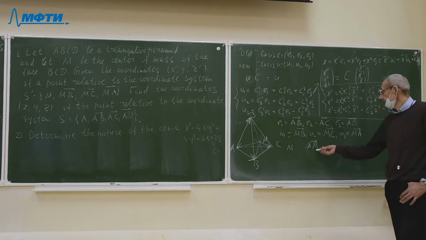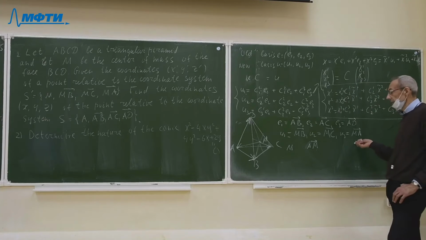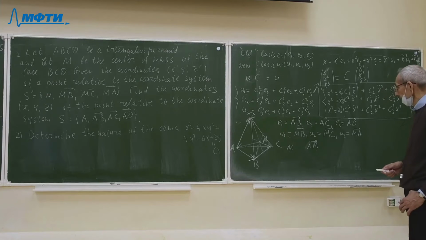It is easy to see that the vector AM is opposite to the vector MA.